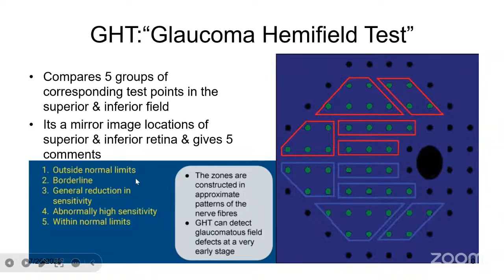And the zones are constructed in approximate patterns of the nerve fibers, and it can detect glaucomatous field defect at a very early stage. And so the result is either outside normal limits, abnormally high sensitivity, or within normal limits.